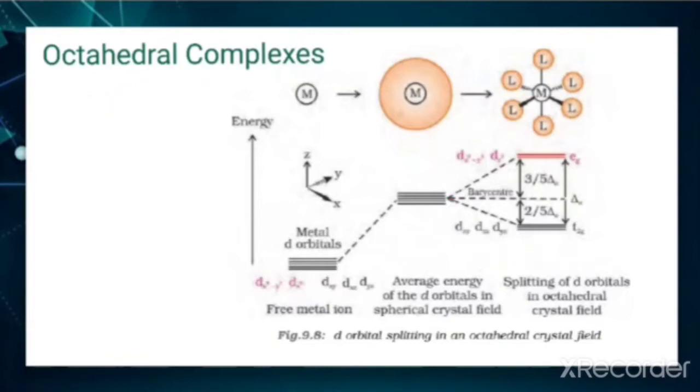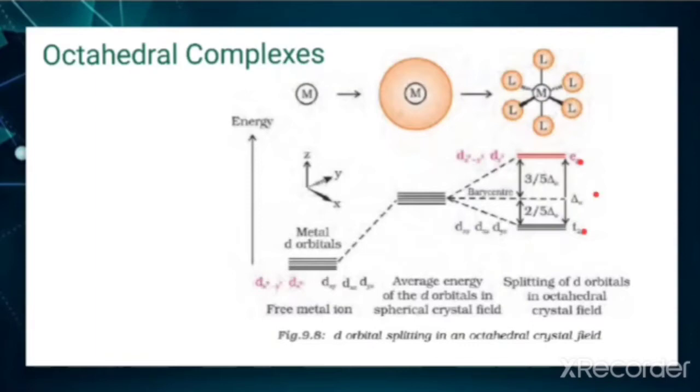So in short, the energy of the Eg set is slightly greater than the energy of the T2g set of orbitals. This is what is called splitting of the d orbitals, that is, splitting of the d orbitals is taking place due to the influence of the ligands, which can be negatively charged or can be neutral.